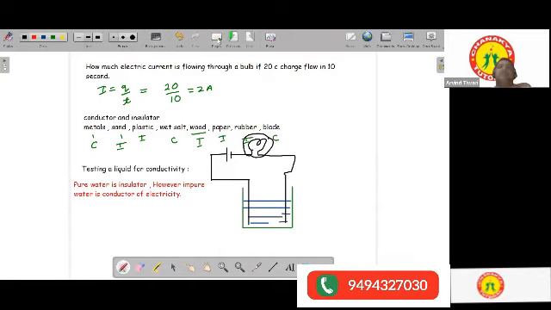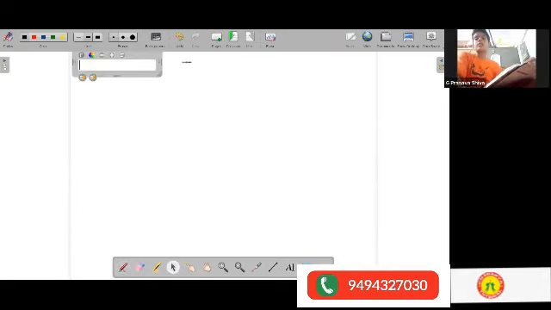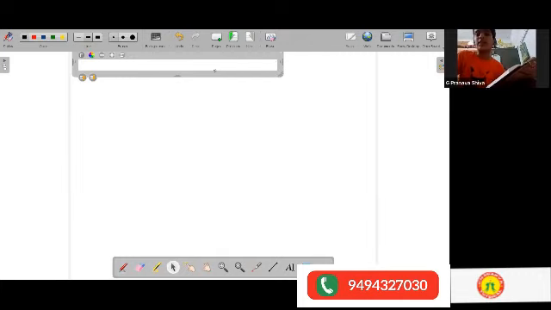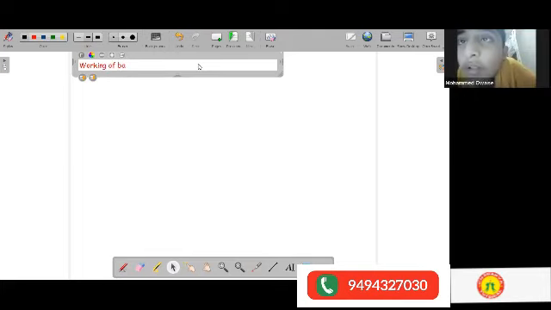Can anyone describe the working of a bulb? Sir, it works with a filament which has a high melting point, in the absence of oxygen. It works with a battery and with wire.